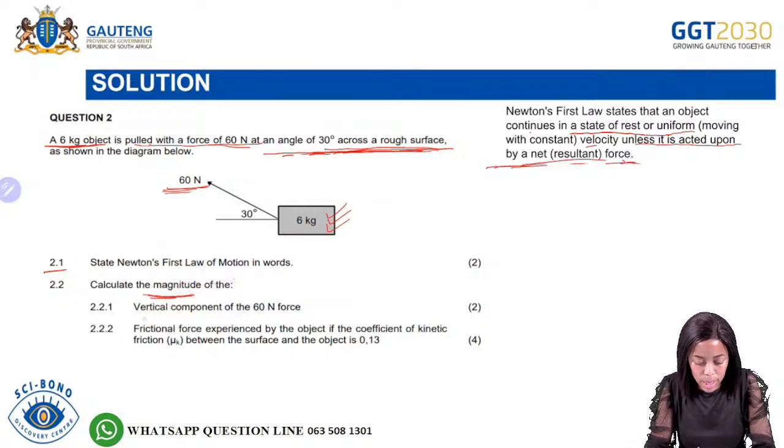So vertical component means that we are dealing with the y-axis. And then if we speak of the horizontal component, it means that our interest is on the x-axis.